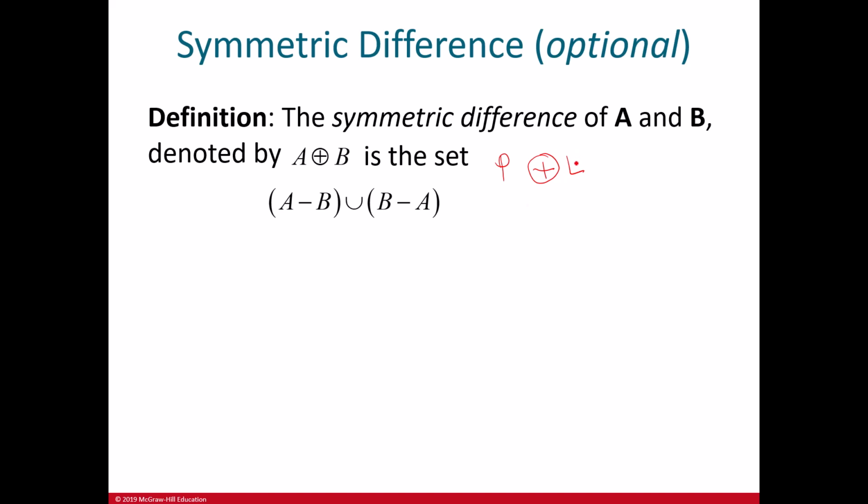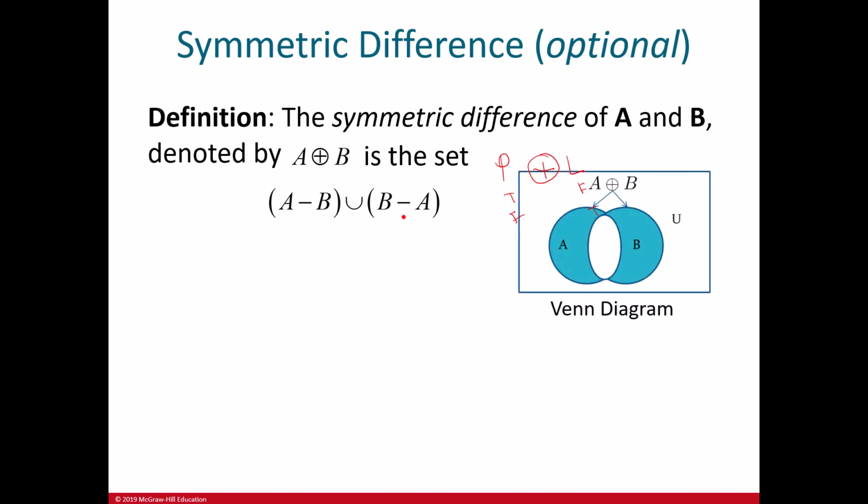We say if we have propositions P and Q, then it is true only when this is true and this is false, or this is false and this is true, but false otherwise. So this is really the same thing. It is the elements in A but not in B, or the elements in B but not in A. And you may recall this from Boolean algebra, where we also did that.